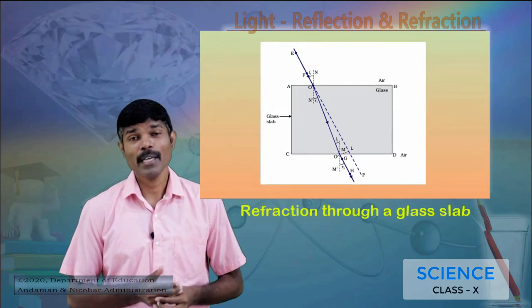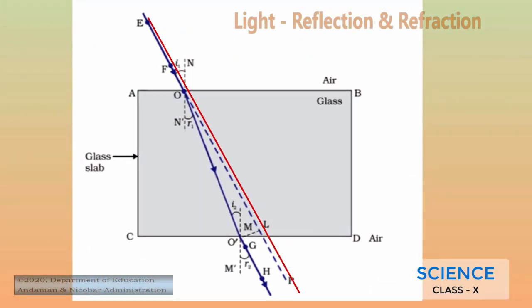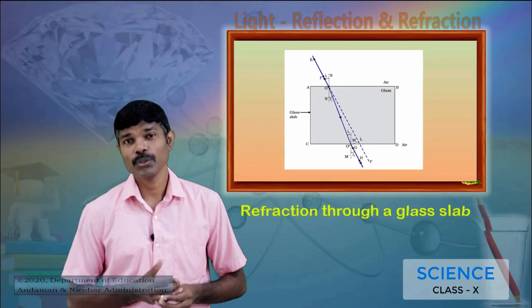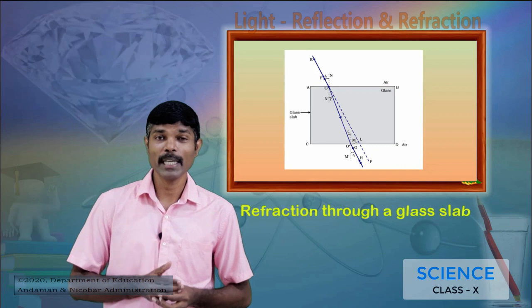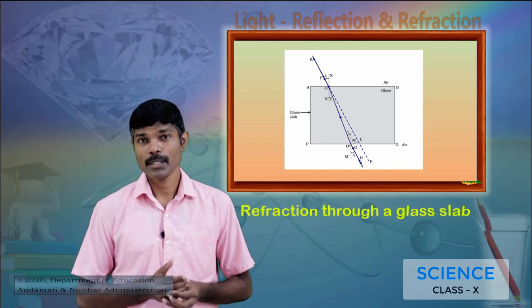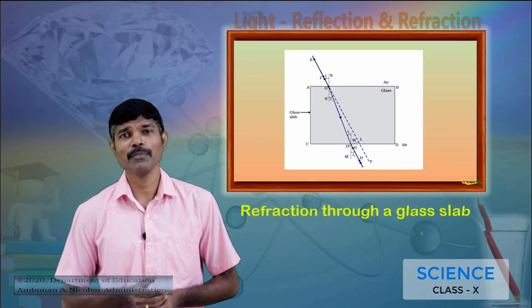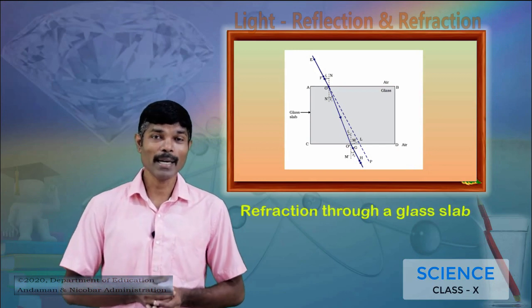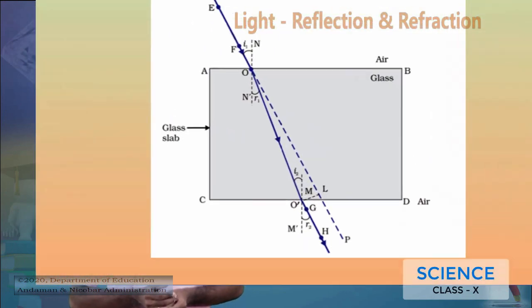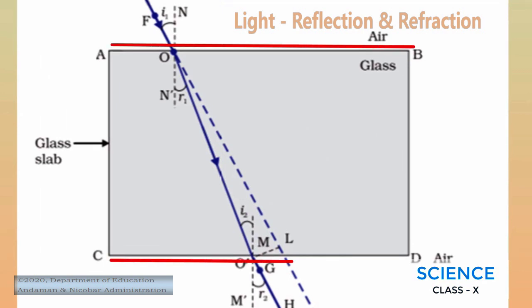If EF is allowed to make a straight line and GH is made a straight line, you can see that both the lines are parallel. The distance between the parallel lines shows the amount of refraction that takes place inside the glass slab. The two lines are parallel because we have taken a parallel glass slab, that is AB is parallel to CD.